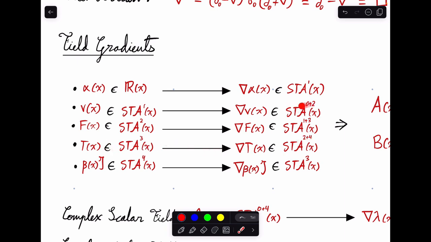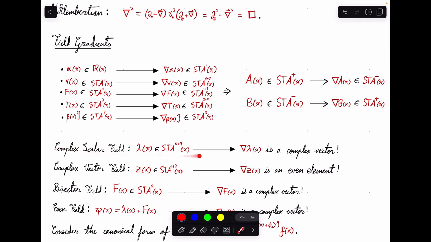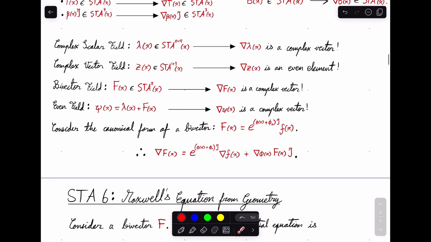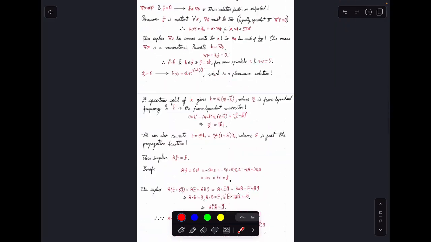So a scalar and bivector, and a bivector and pseudoscalar term, which is summed up here. And that's what we are going to be looking at for the complex vector potential.